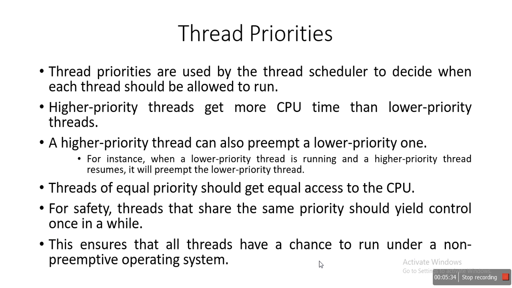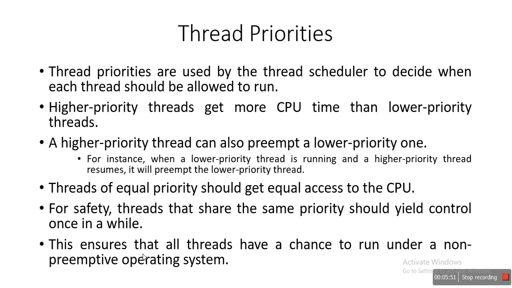We have two types of operating systems: preemptive and non-preemptive. In a preemptive operating system, a higher priority thread can preempt the lower priority one, so processes or threads work depending on the priorities.